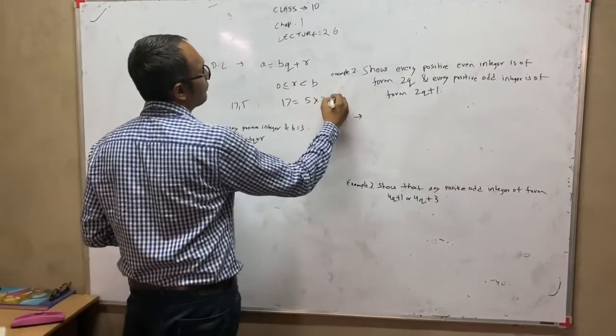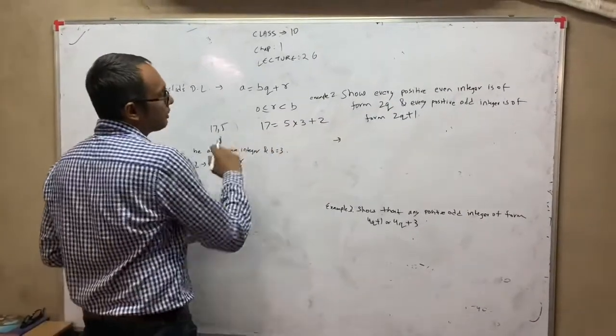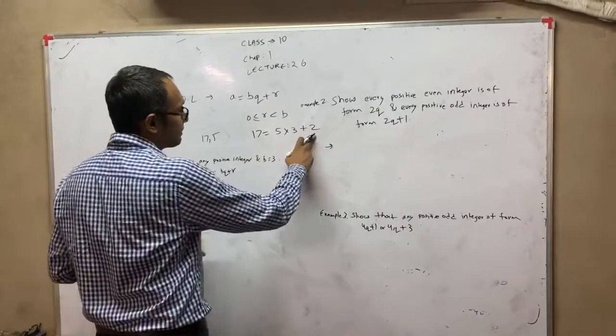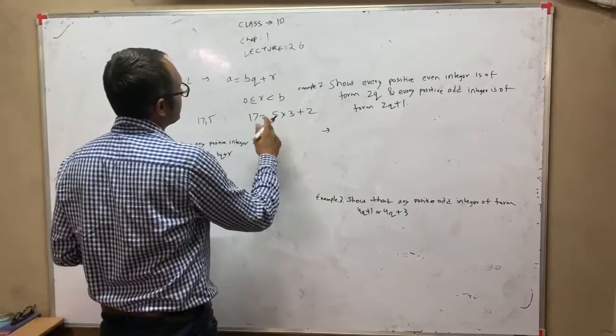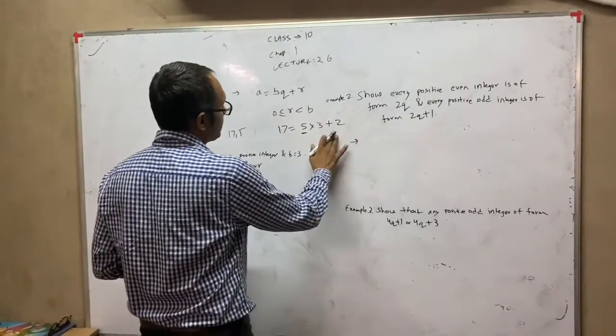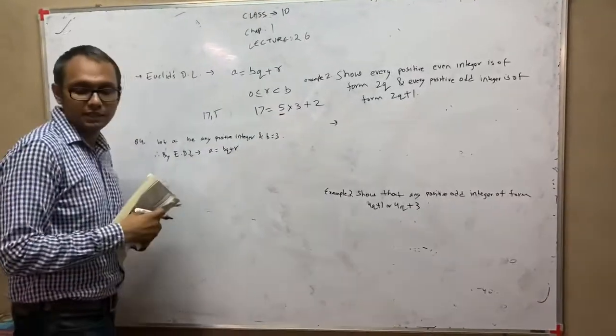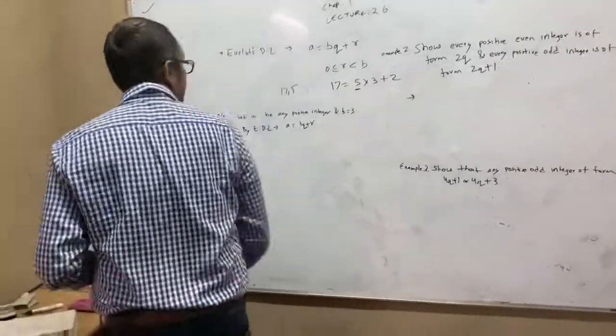So 5 3s are 15, and the remainder will be 2. And we go on like this, and of course the remainder can be 0 also, but the value of the remainder will always be less than this b. Okay, it can be equal to 0 or greater than 0, but it will always be less than b. So this one thing we have to remember as we proceed ahead now.